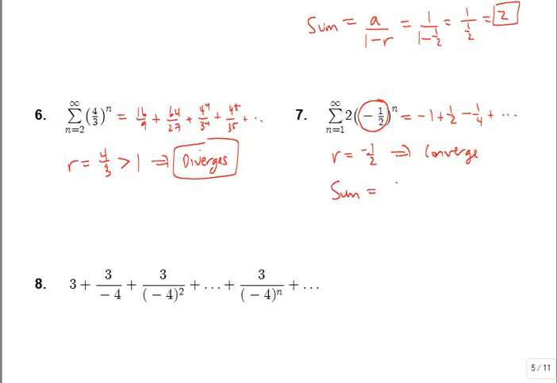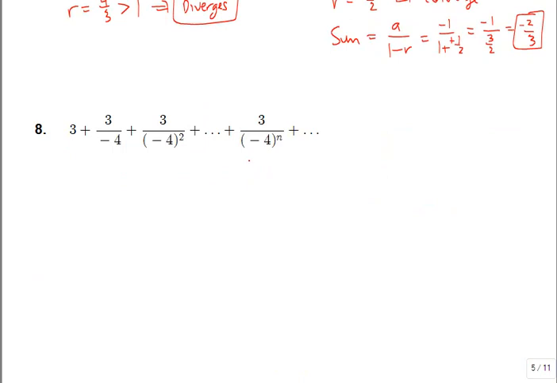The sum of a geometric series is always a over 1 minus r. This time our a is negative 1, and our r was this negative 1/2. Be careful with your signs here. So you'll get negative 1 over 1 plus a half, which is 3/2. When you flip that over, it becomes negative 2/3. So this sum is negative 2/3.